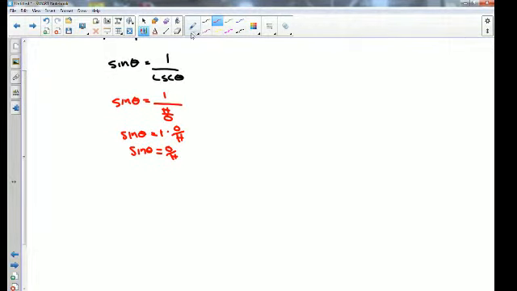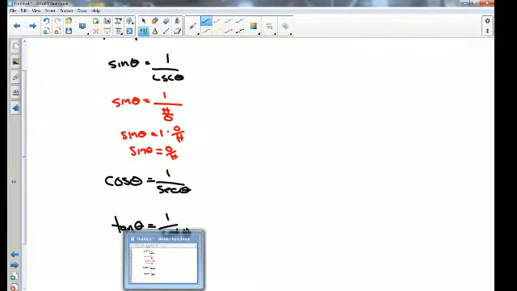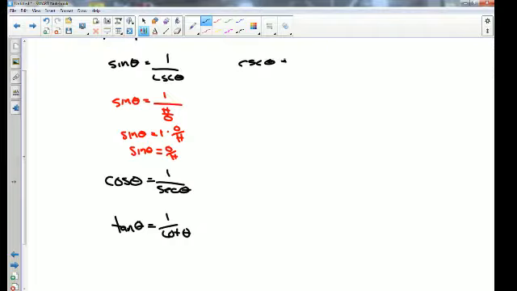Okay, what are the others? What is cosine the reciprocal of? Secant. Why did they make it that way? And tangent? Cotangent. And what are the other three? Cosecant equals 1 over sine.